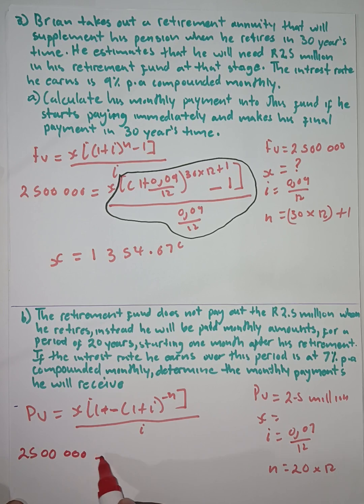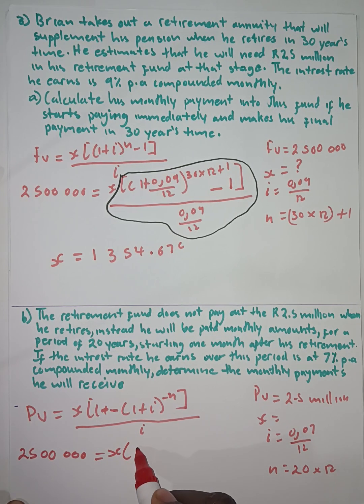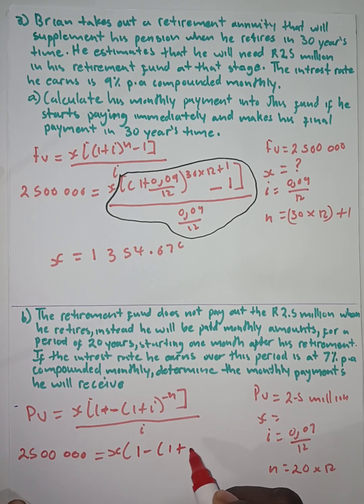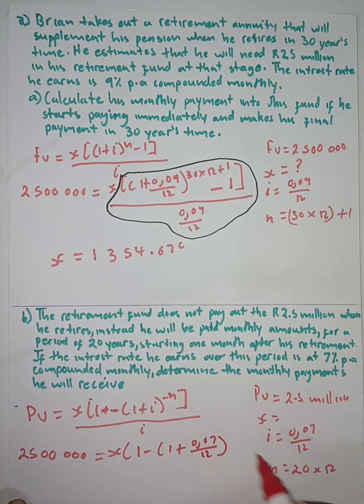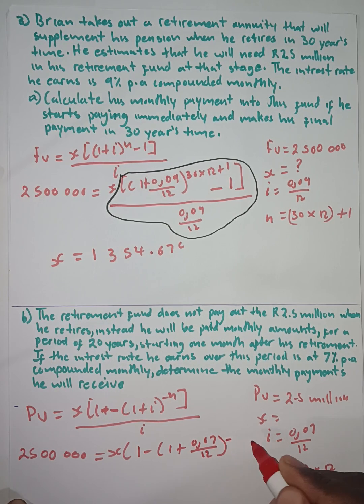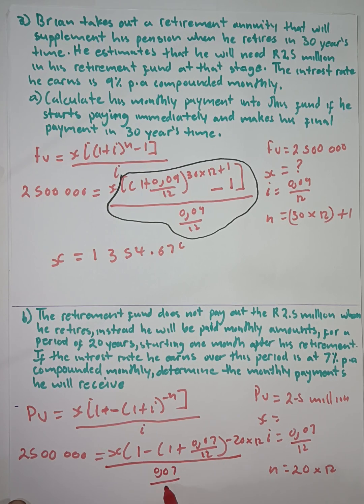So we have 2.5 million equals x times (1 minus (1 plus 0.07 divided by 12) to the power negative 20 multiplied by 12), divided by the interest, which is 0.07 divided by 12.